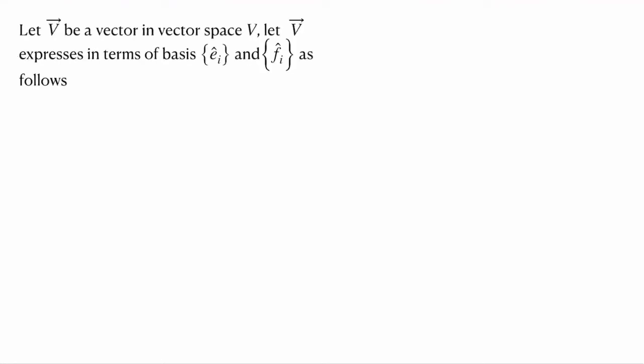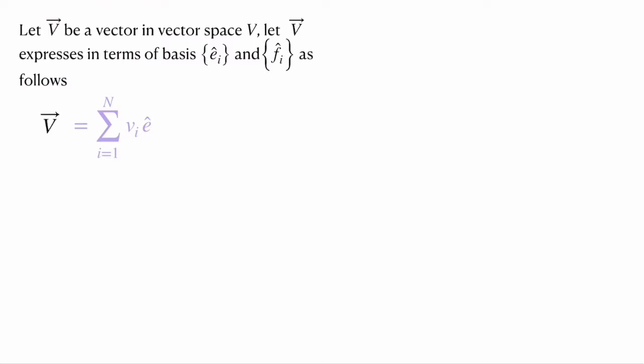Let V be a vector in the vector space V. The vector V can be expressed in terms of the basis Ei. So this is just a linear combination with the coefficient as a component.